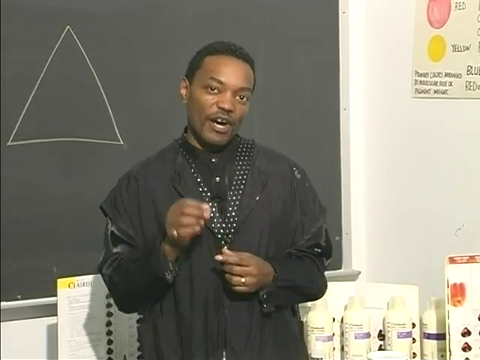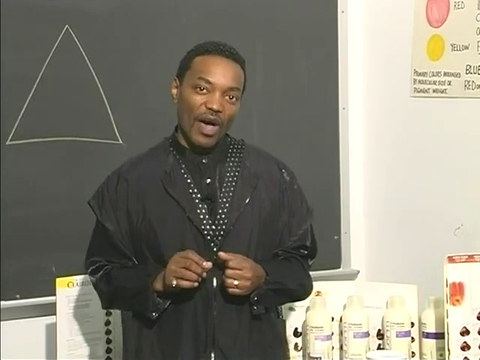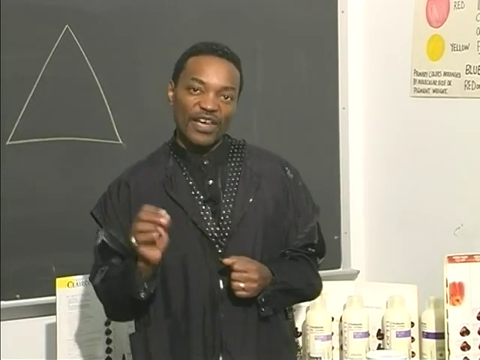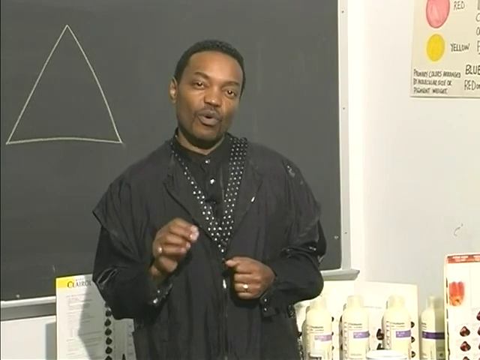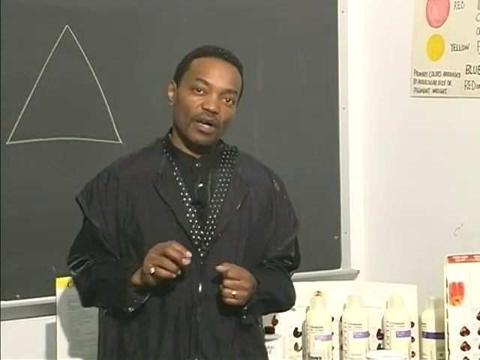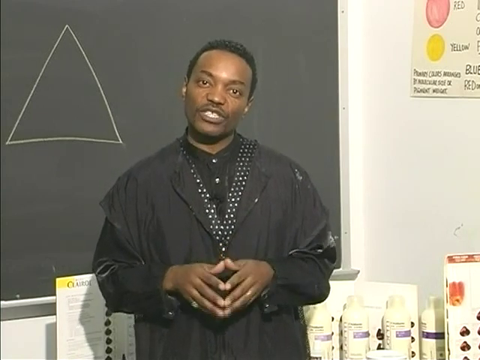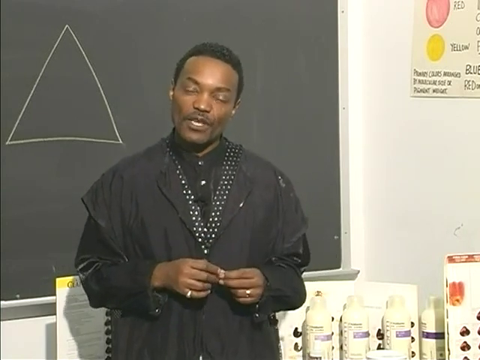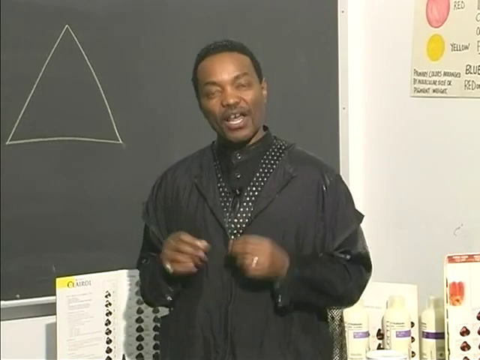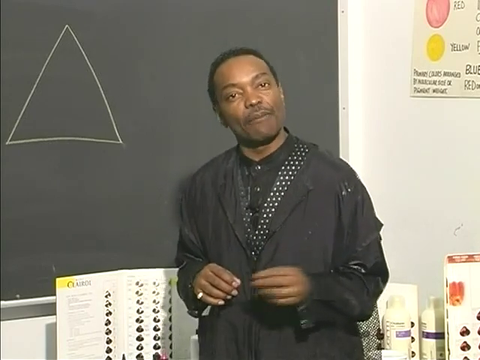For the most part, American semi-permanent colors do not require any type of developing agents. They don't require any type of oxidizers, or catalyst is the word that we want to use. That is catalyst.